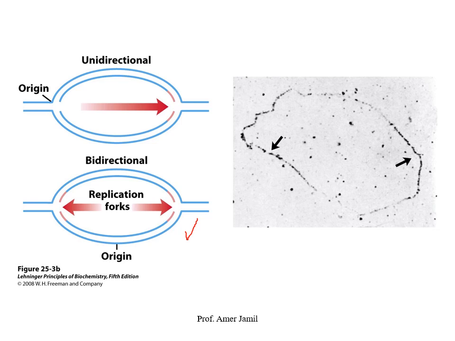So there are two replication forks going on simultaneously in these two directions, whereas in this case there is only one, unidirectional. As you can see here, these are the two spots given over here. This DNA replication starts in the bidirectional way, having two DNA replication forks.